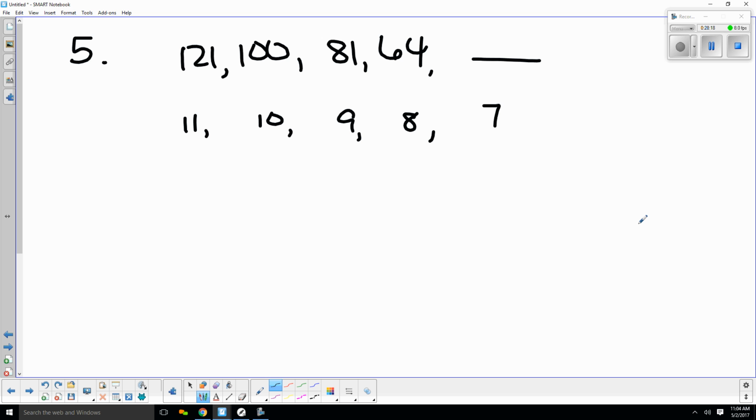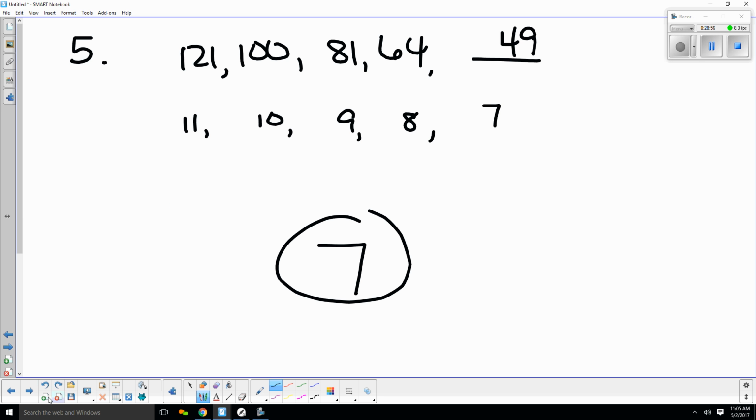Now, is 49 my answer or is 7 my answer? Because the question says, what number do you need to square to find the missing term? 7 is your answer. Okay? 7 is your answer. Now, 49 would have fit in my blank, but they didn't say what number fills in the blank. They said, what number do you need to square to find the missing number? So I have to multiply 7 squared to give me 49.